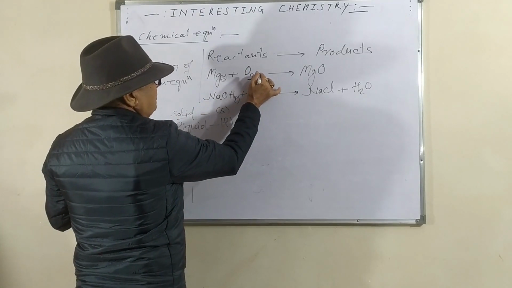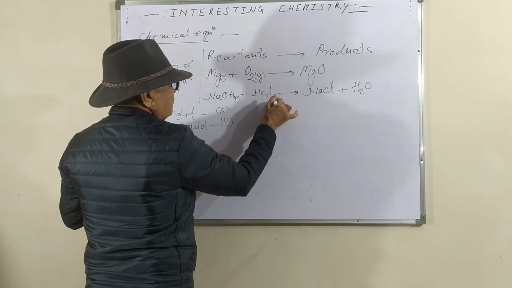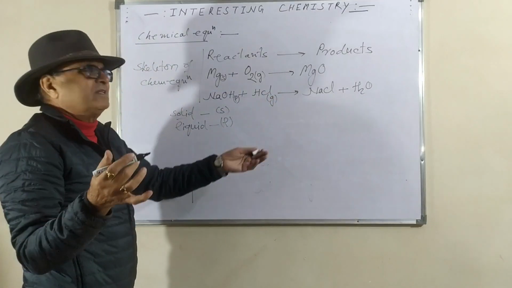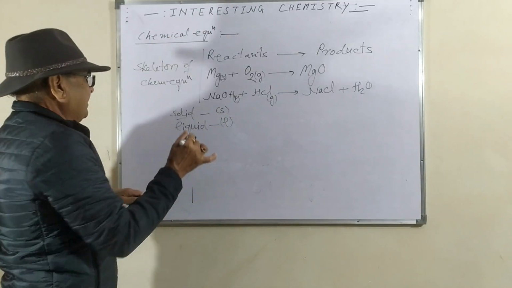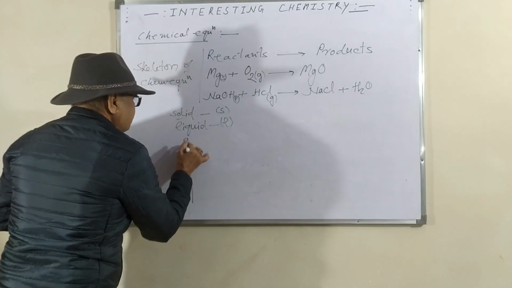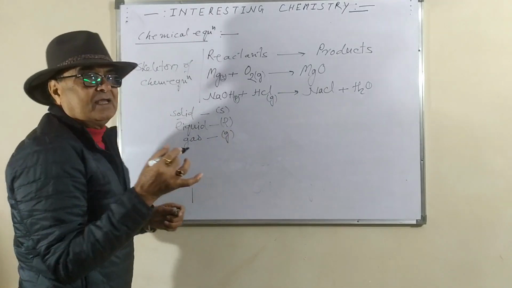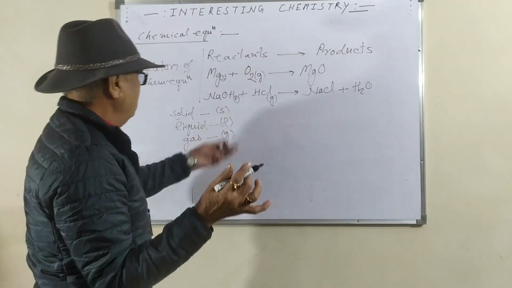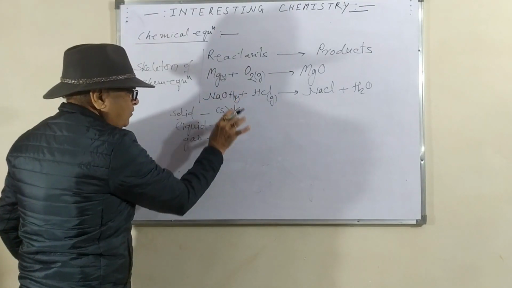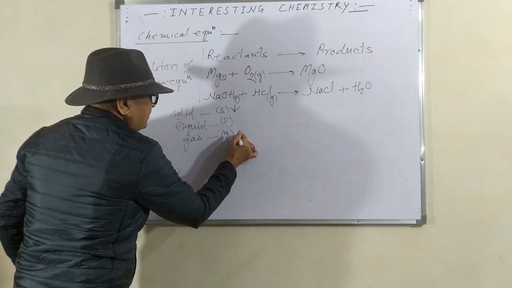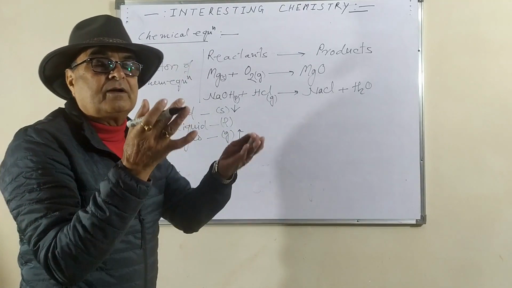This O2 is in the form of a gas, and this HCl, suppose this is also in the form of gas, or you can say in the solution, so here the liquid, and again the gas is represented by small g. Gas is represented by small g. Solid, you can also represent by a downward arrow, and the gas you can also represent with an upward arrow.